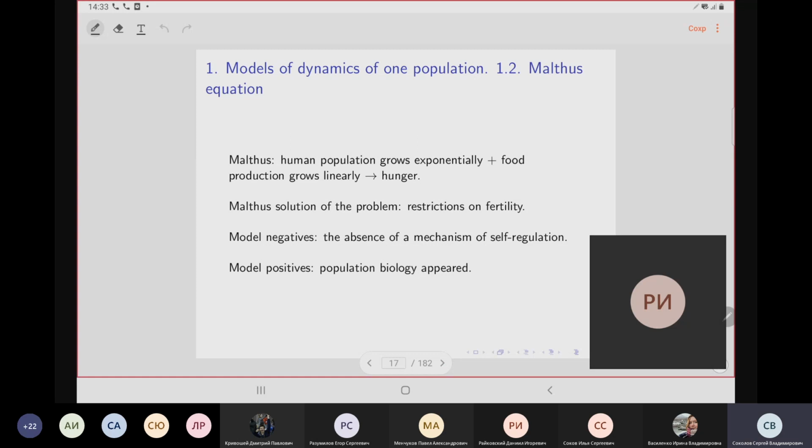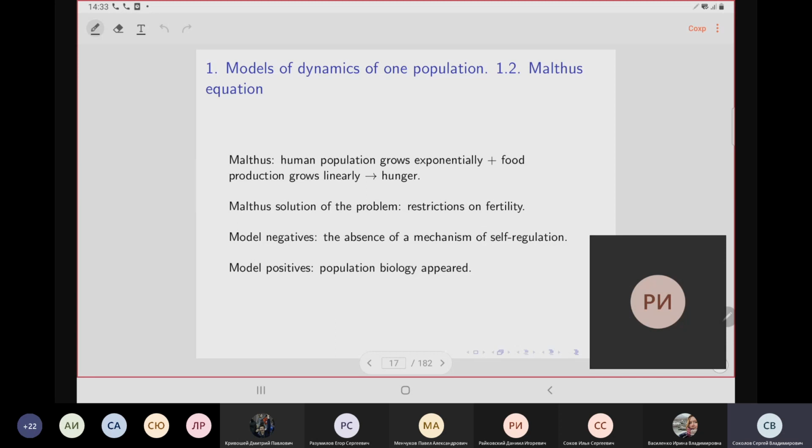Another problem of the Malthus model is the absence of a self-regulation mechanism. What does self-regulation mean? Let us consider a forest where some rabbits live. Let's consider the simplest situation, when there are no predators. So rabbits are eating the grass, and that's okay, no problem for rabbits.